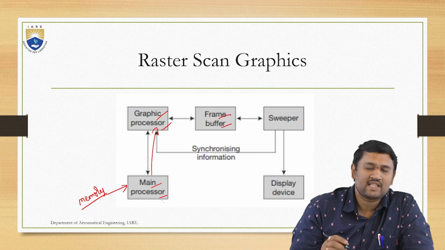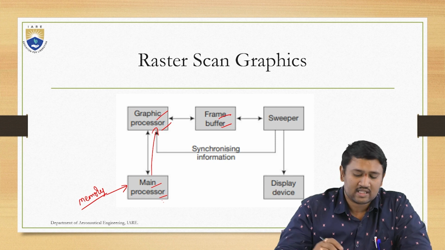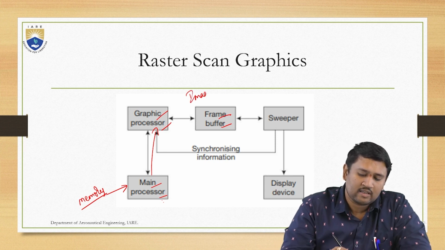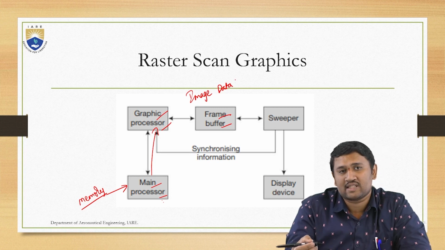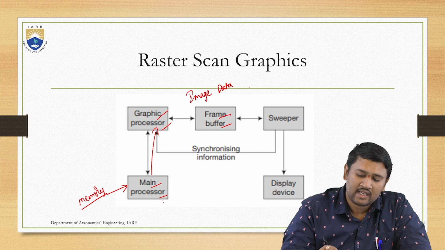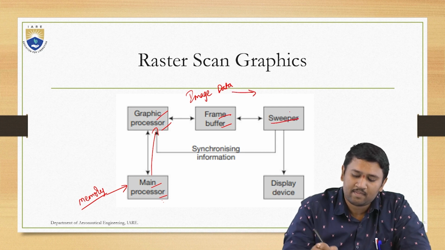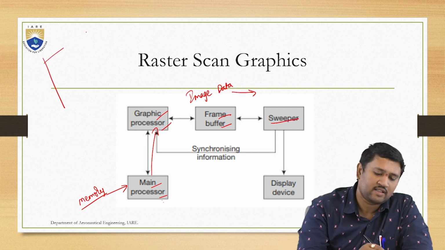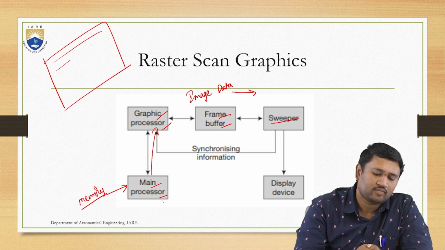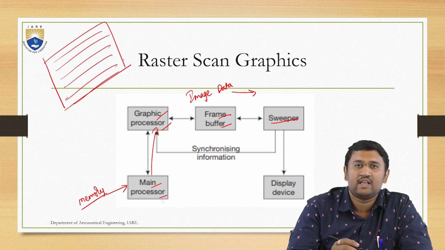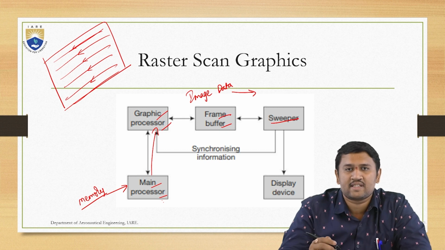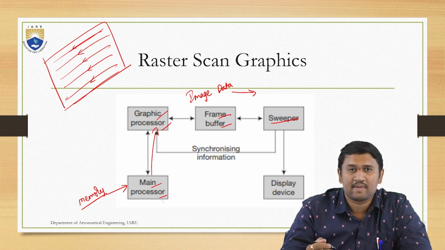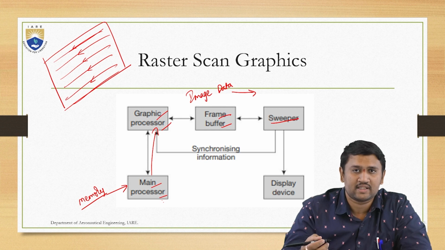Next, a frame buffer is a temporary storage onto which this image data is stored in the form of pixels, bit by bit. Next, the same data is sent to your sweeper, which sweeps the whole screen pixel by pixel to clear out an image or to give out an image, right?